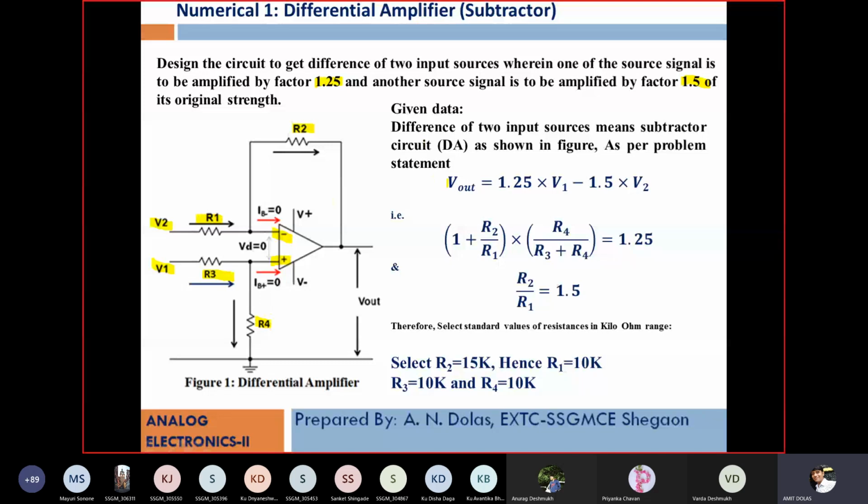Accordingly, for the output we want 1.25 for V1 and 1.5 multiplied by V2. We know V2 का जो multiplier factor है that is obtained by R2 by R1 only. So it must be 1.5. So R2 by R1, select some standard value in the kilo ohm range.